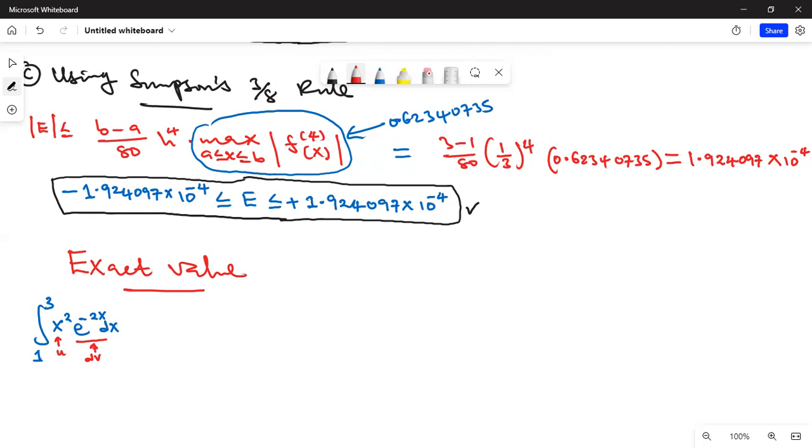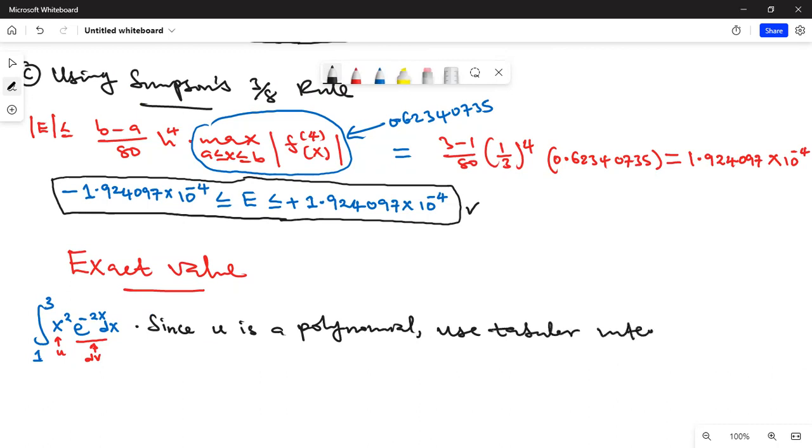Whenever u is a polynomial, to make your work easier, use tabular integration. Since u is a polynomial, use tabular integration. This will make your work easy.